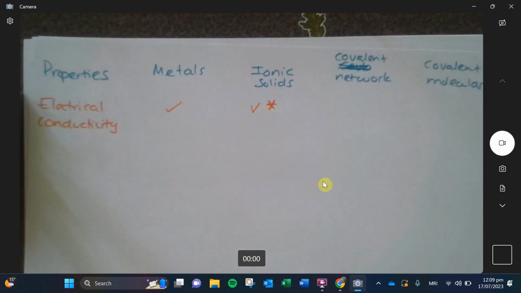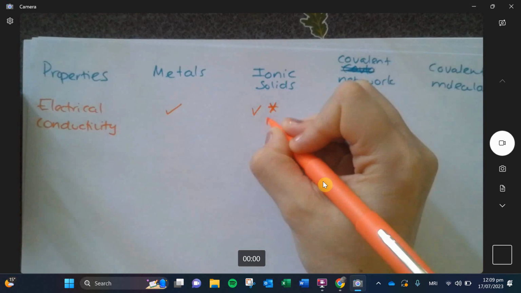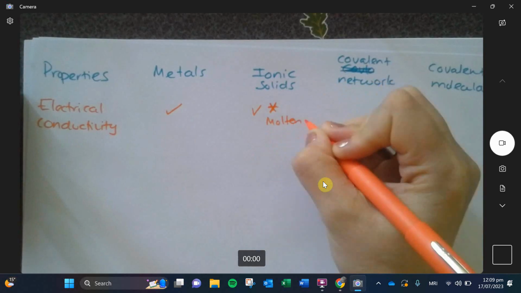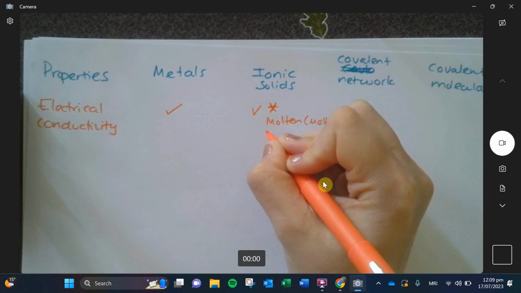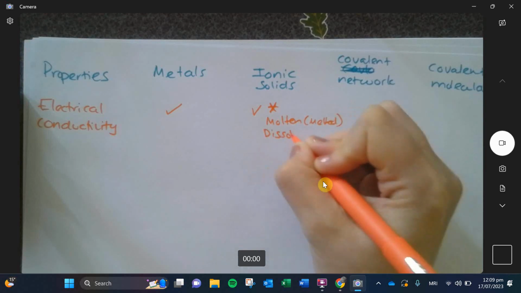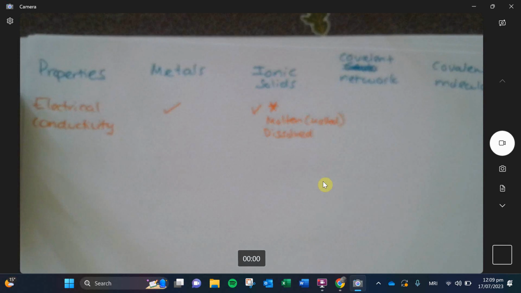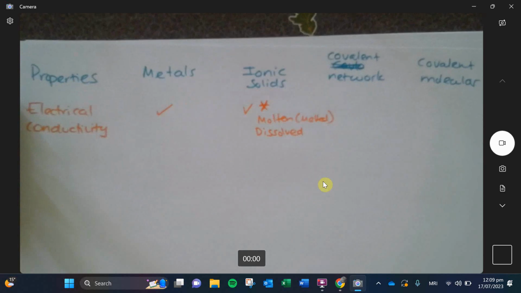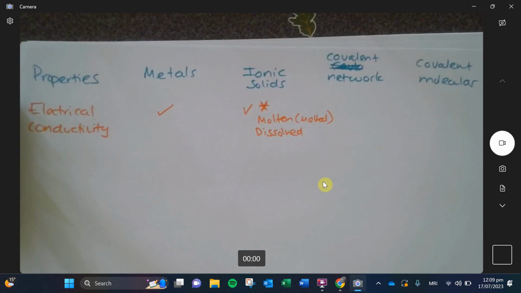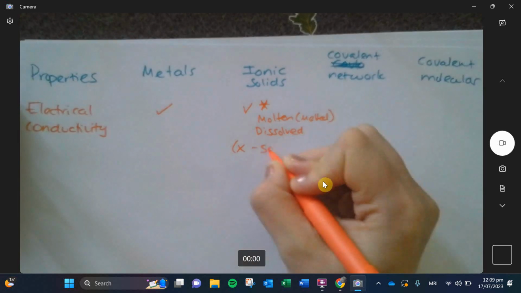So, yes, if it is molten, which means that it's melted, or if it is dissolved. So my ionic solid needs to be molten or it needs to be dissolved. Just so you guys are aware, it would not conduct electricity if it was in the solid state.